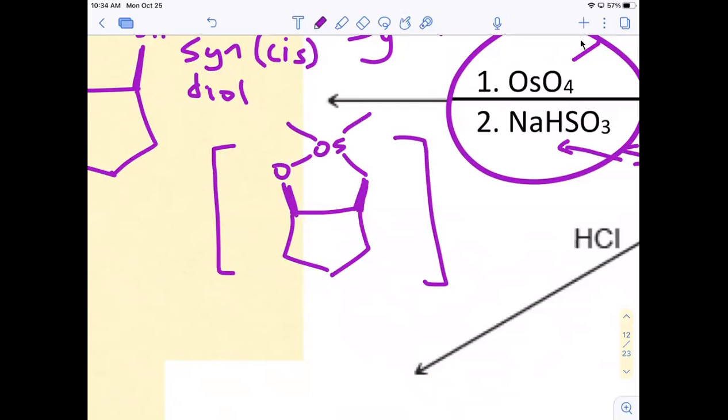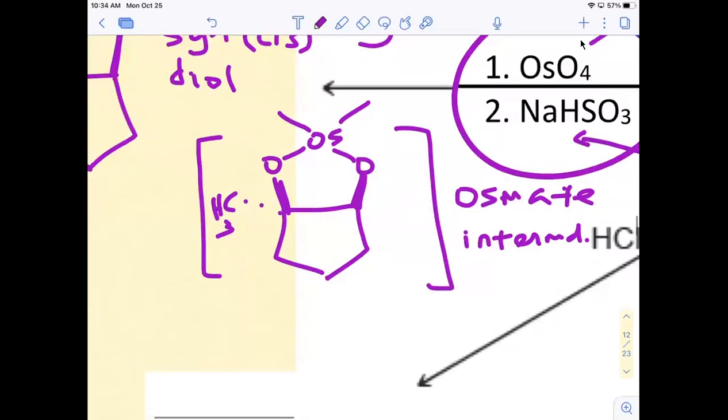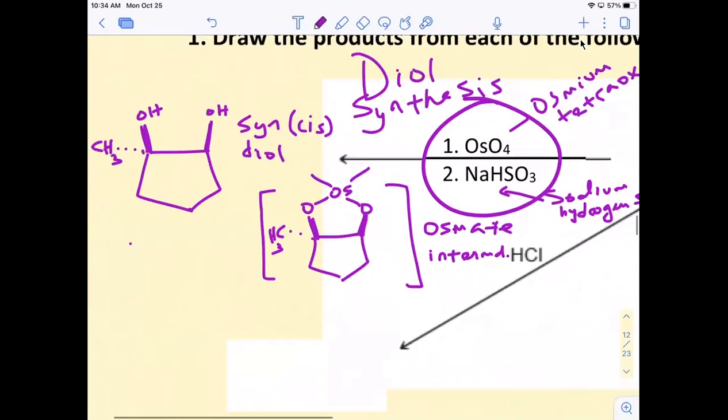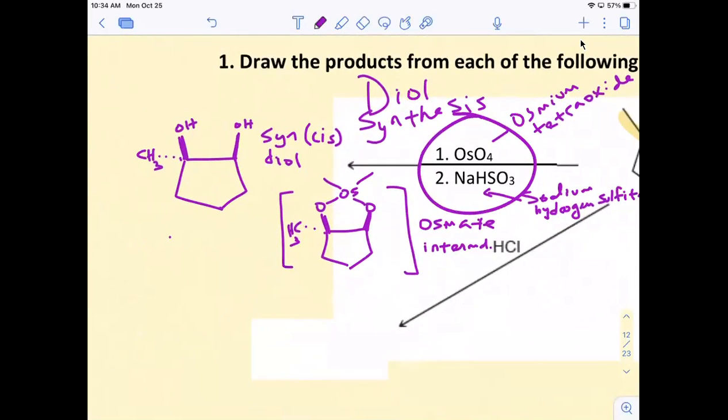So this is the CH3 right here. So this osmate intermediate is where that product is going to come from, because that's like the first step in the reaction, for osmium and the alkene to interact with one another.